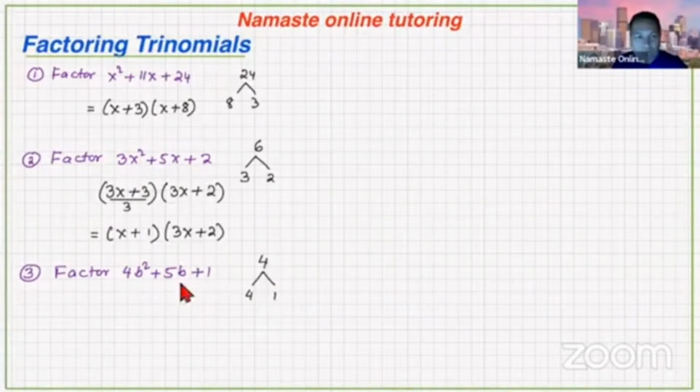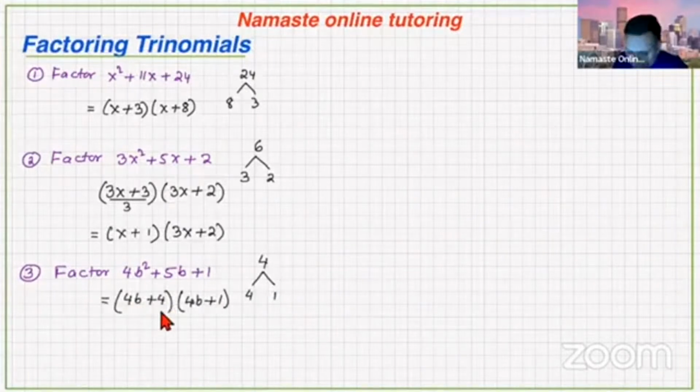So we can rewrite this using these two numbers. Here we have 4b squared, so our first term would be 4b. We write 4b plus that first number 4, and 4b plus that second number 1. In the second parenthesis, there is nothing common, so we don't have to divide. But for the first one, we can see that there's a common factor of 4, so we divide that by 4.